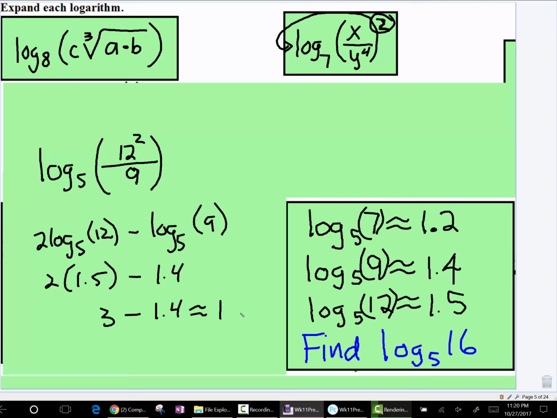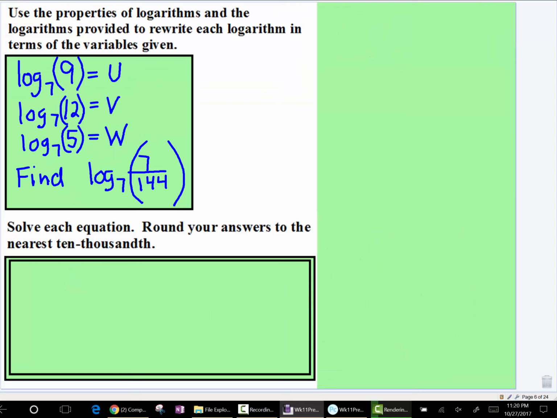And I'm going to say about 1.6, even if that one's exact, because my guess is these were rounded. All right, let's go on to the next. Use the properties of logarithms and the logarithms provided to rewrite each logarithm in terms of the variable given. So this is log base 7 of 7 divided by 144.